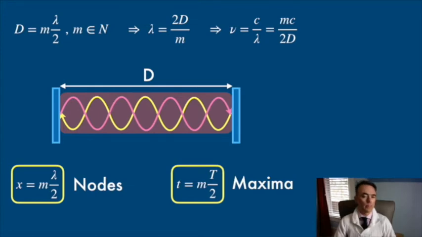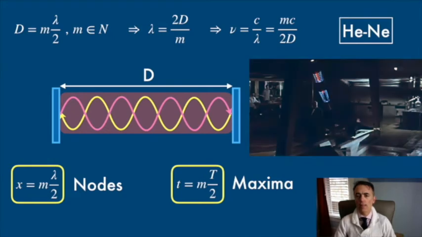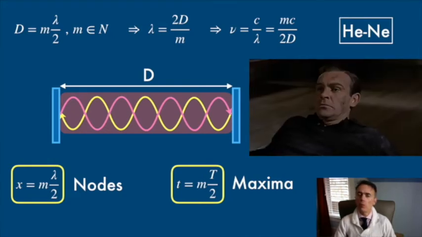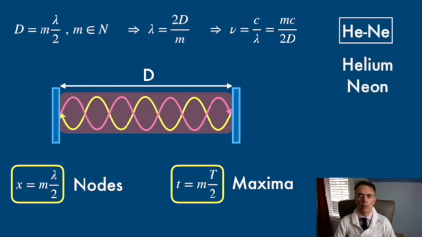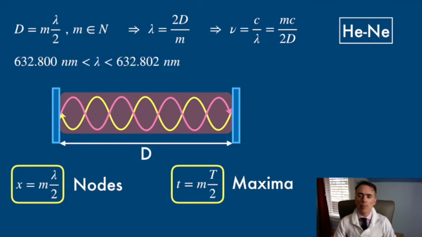For example, let's consider a HeNe laser, like the one in the James Bond Goldfinger movie. HeNe stands for helium and neon as gain medium. The HeNe atoms will emit photons in the range of wavelengths between 632.800 nanometers and 632.802 nanometers.